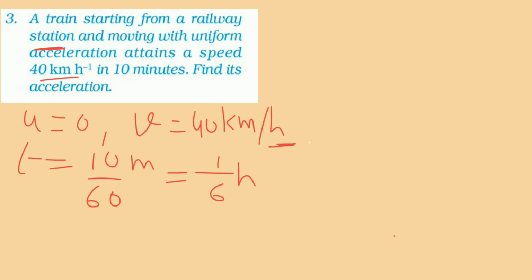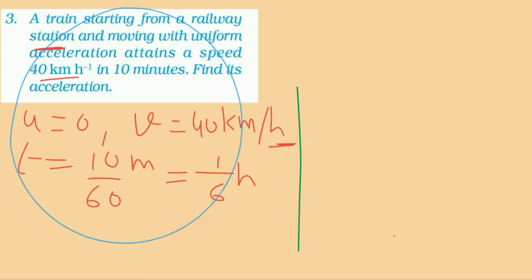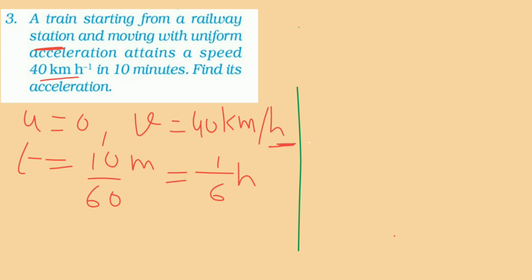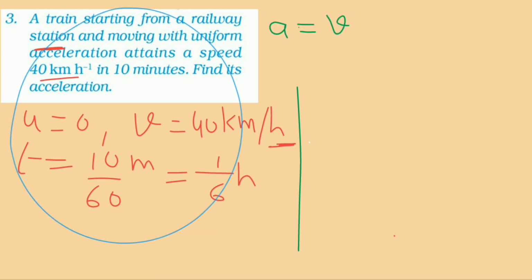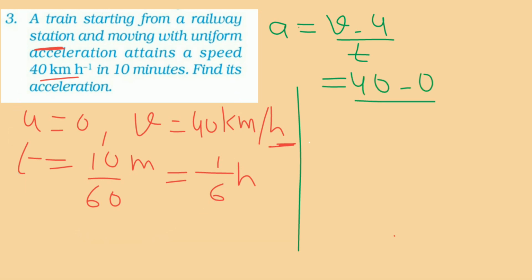Now we will solve the question. We will apply the formula a equals V minus U by T. V is 40 minus 0, by time 1 by 6.